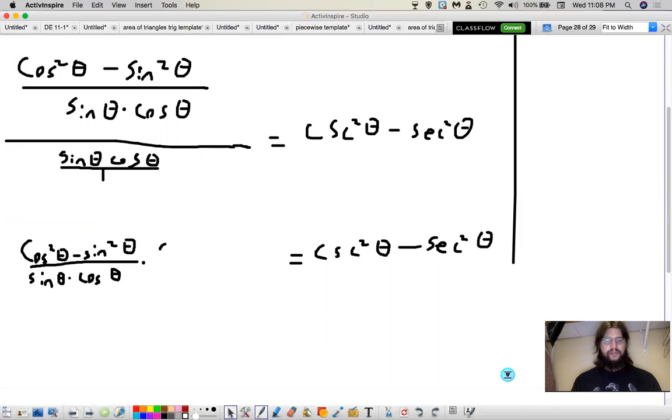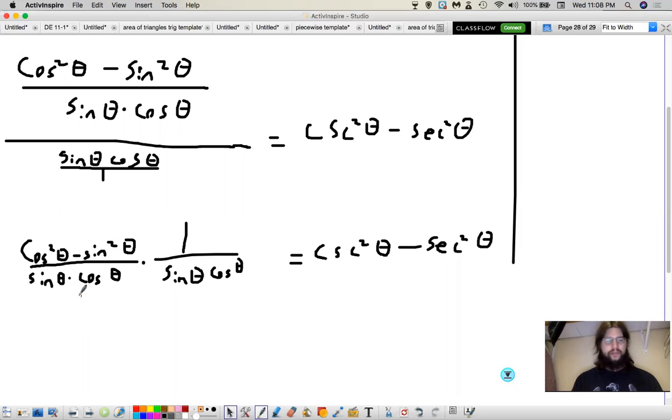See, that's what I need to do. 1 over sine theta cosine theta. Leaving this alone. I'm actually probably going to split it up in a second. I could see it happening. That makes perfect sense now. Okay, yeah, this is easy.